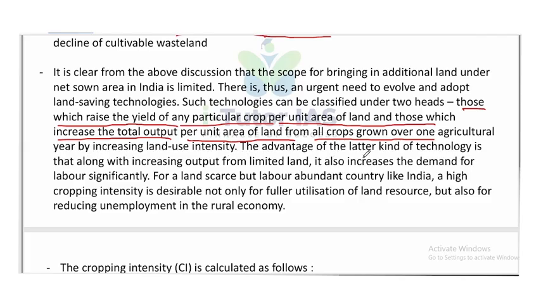The advantage of the latter kind of technology is that along with increasing output from limited land, it also increases the demand for labor significantly. For a land-scarce but labor-abundant country like India, a high cropping intensity is desirable not only for fuller utilization of land resources, but also for reducing unemployment in the rural economy.